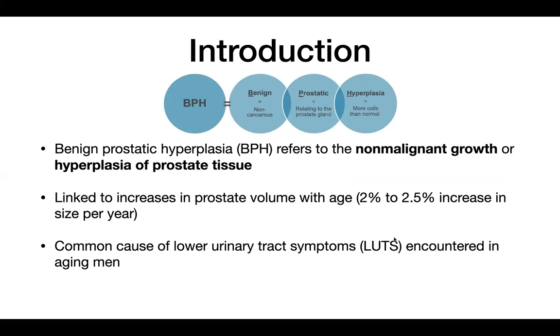The definition of BPH is a non-malignant hyperplasia of the prostate. It has been studied extensively, and they have found that the prostate increases in size by about 2.5% every two years. These years mainly concern the group that is in the late 40s.